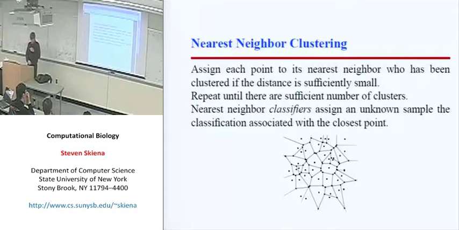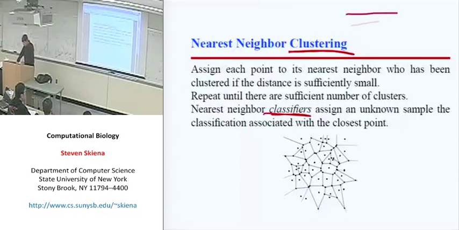One other related technique, I'm going to call it clustering here, but I think it's more a classification technique that people should be aware of, is what I would call nearest neighbor classification. Let's say we live in a world where we have data. Let's think of one of the classic microarray applications we talked about.